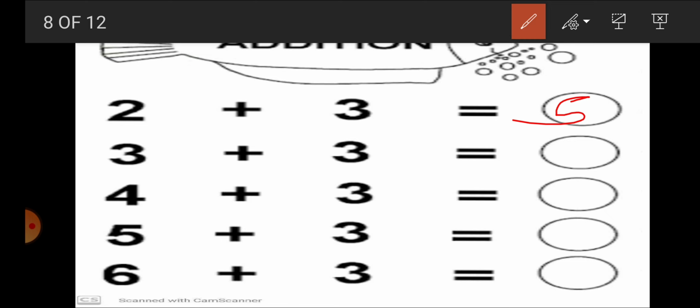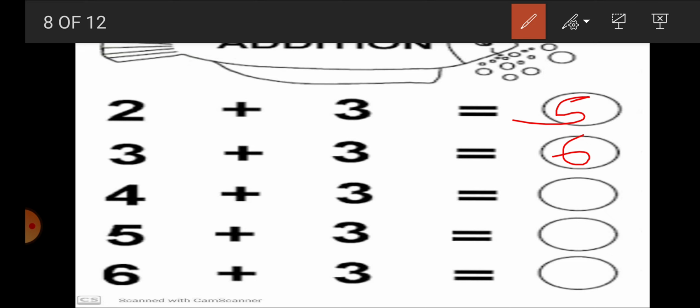Okay. Now 3 plus 3. First we have the number 3. Keep it with you in your mind, that 3. After 3, 3 more: 4, 5 and 6. Our answer will be 6. Now we have the sum 4 plus 3. So keep the number 4 in your mind, that there is 4 and you are going to add 3 more.